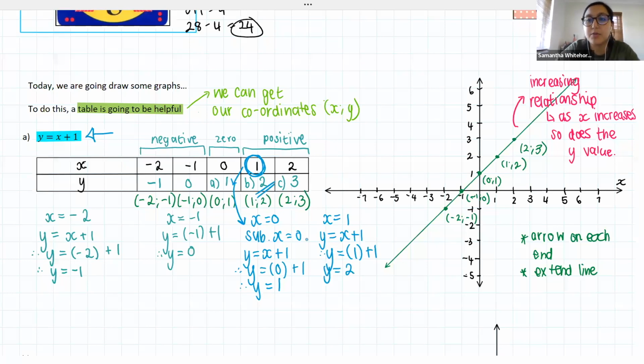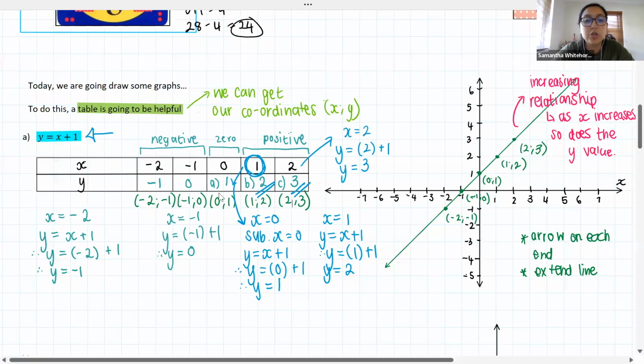That's how I got my output value of 2. Exactly the same thing happens for my X equals 2 value. I substitute that in, so 2 plus 1, which gives us 3. That's how I got my output value of 3. All right, so this is how we are getting these values here.